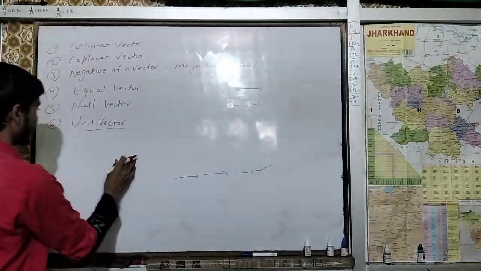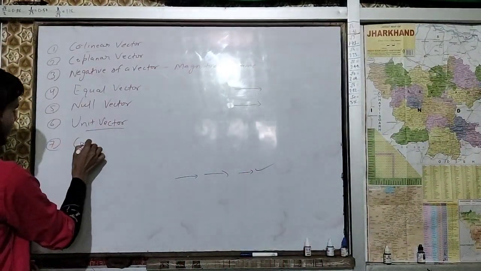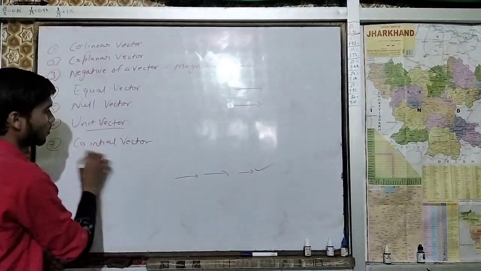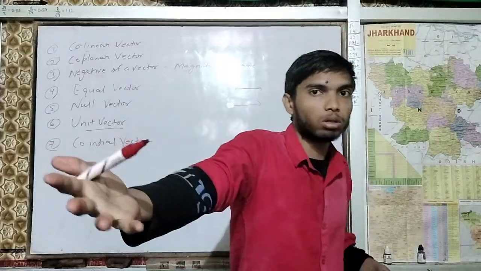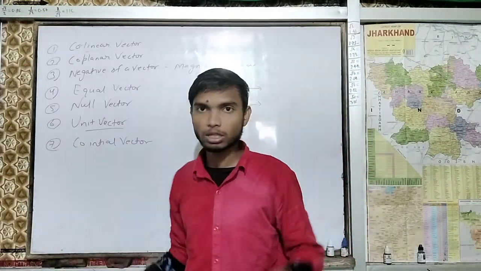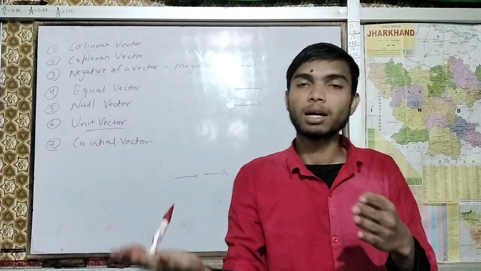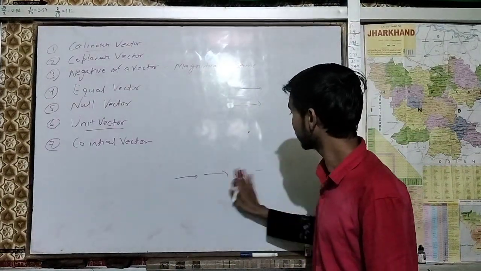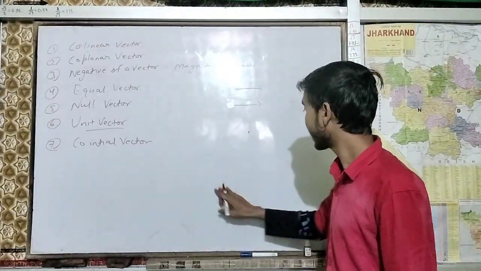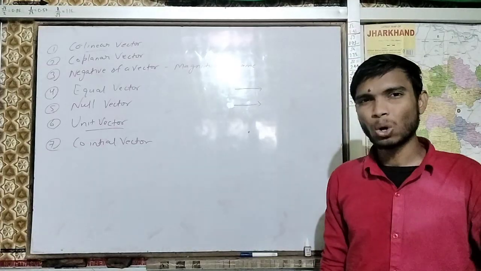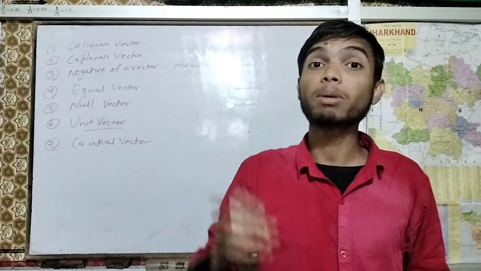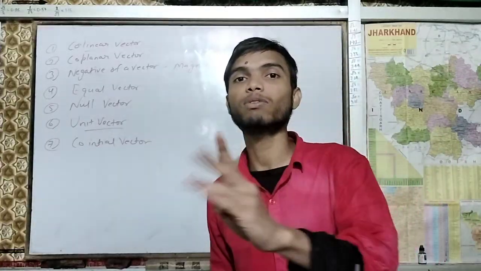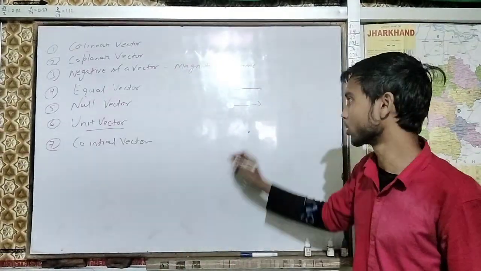Now co-initial vectors. Co means together, two or more. Initial means starting. So here we will take a starting point. From this point, whatever the number of vectors, it doesn't matter, but the tail of those vectors should start from this point.